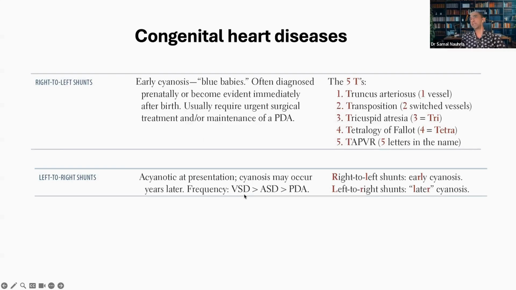Now VSD does appear in TOF also, tetralogy of Fallot also. One of the four features is a VSD. So VSD as a TOF feature is like 10%, but isolated VSD, just VSD, nothing else present in the child, is 40 to 45% of the congenital heart disease cases. Okay, so you can note that down.